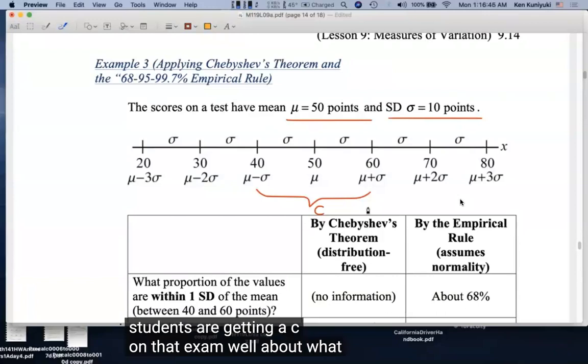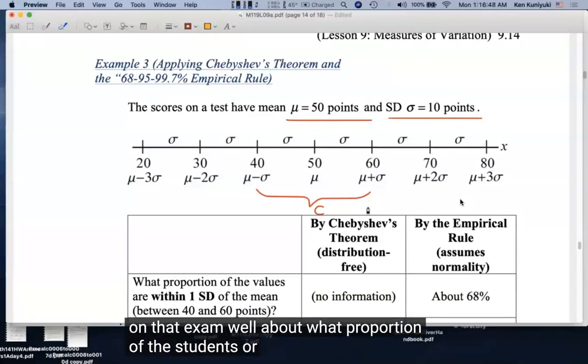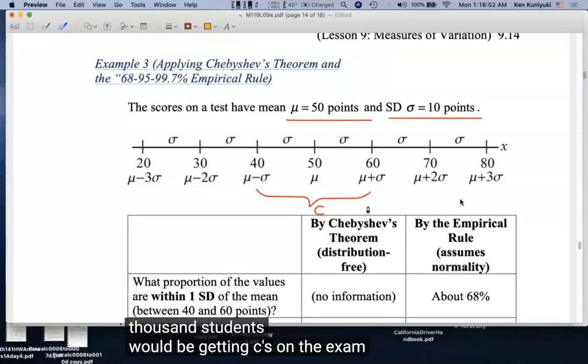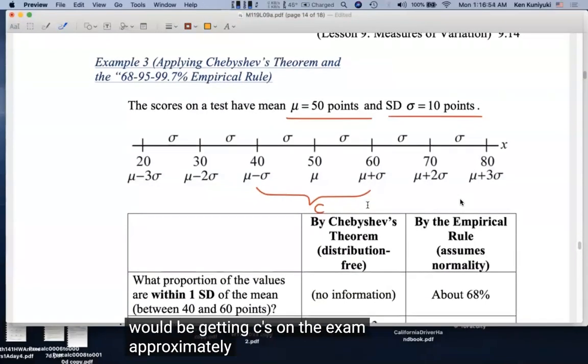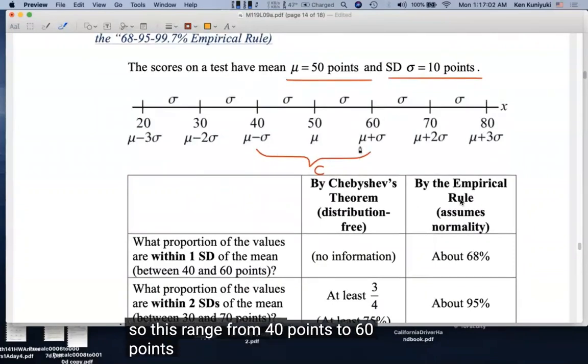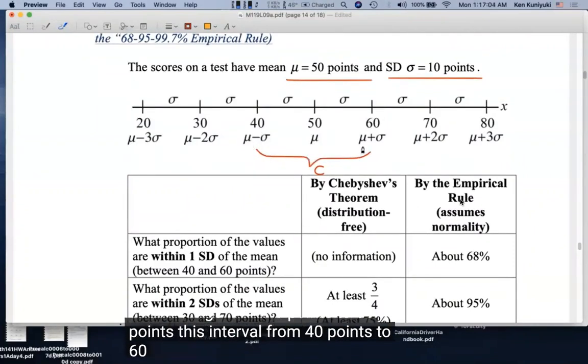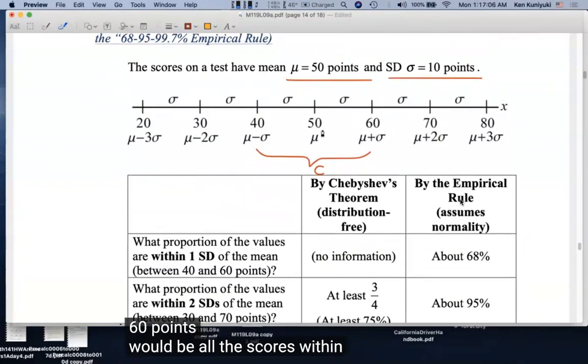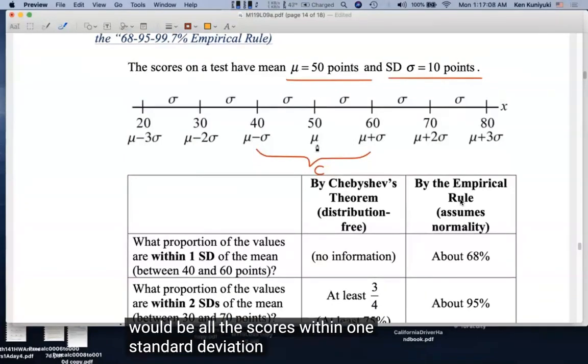About what proportion of the students, or how many of the 1,000 students, would be getting C's on the exam, approximately? Now, the mean is 50 points, the standard deviation is 10 points. So this interval from 40 points to 60 points would be all the scores within 1 standard deviation of the mean.